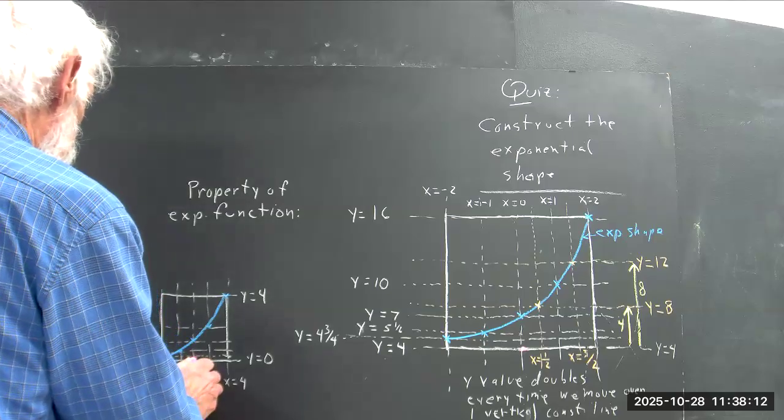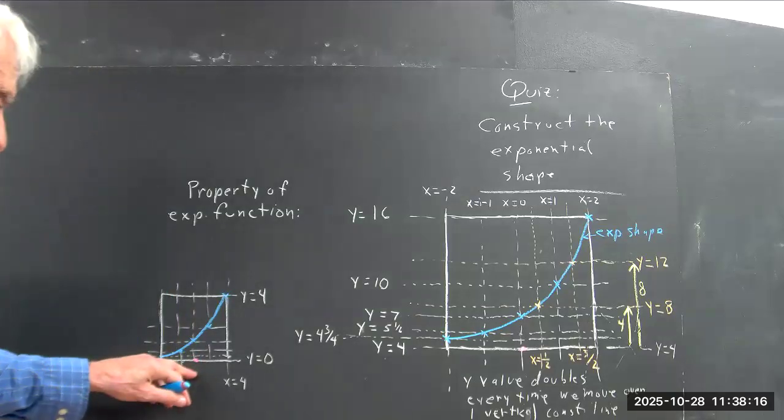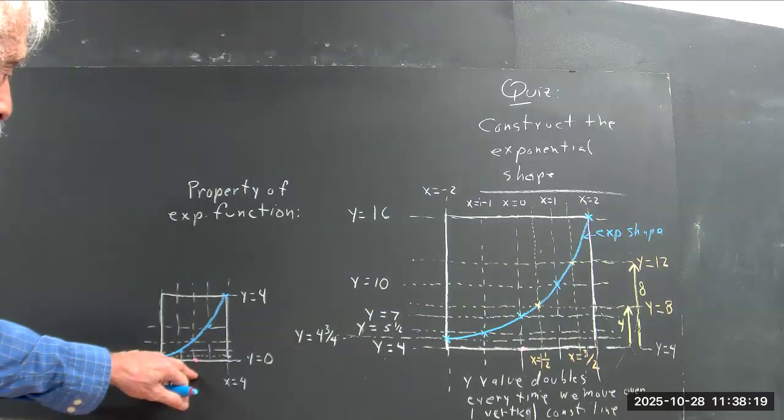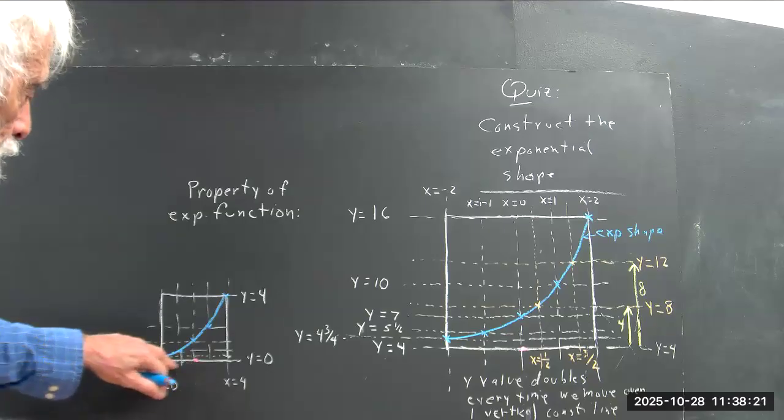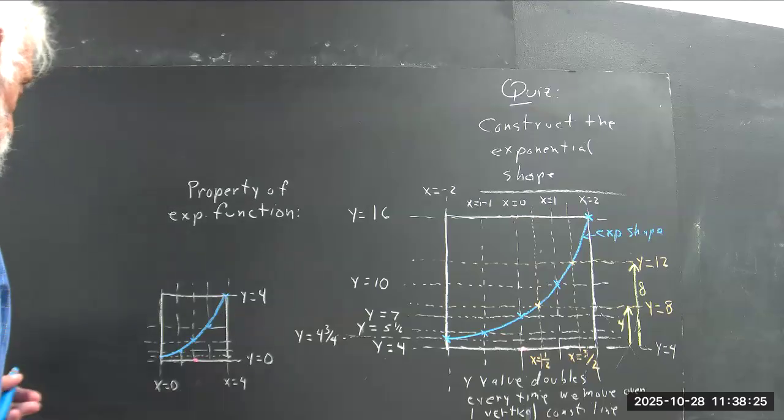We put a red dot at the intersection, halfway. Put a red dot at the midpoint of the lower edge.